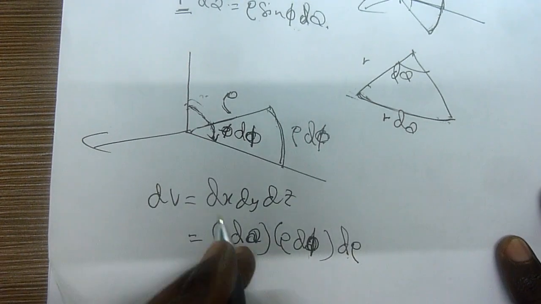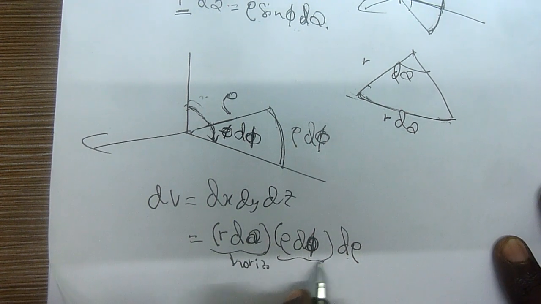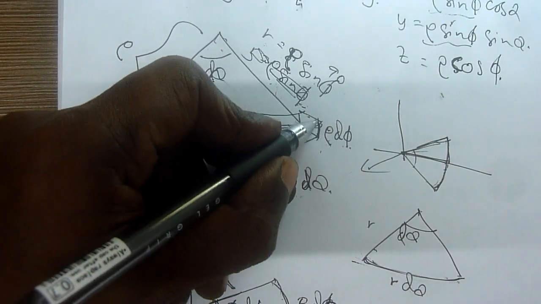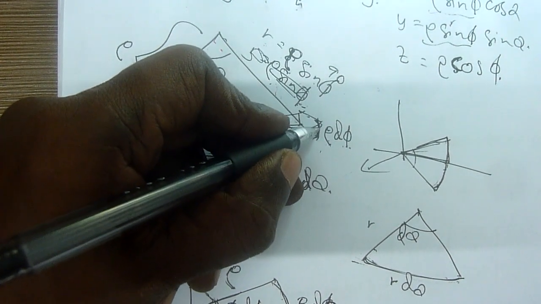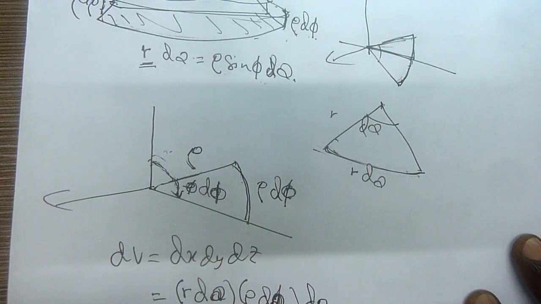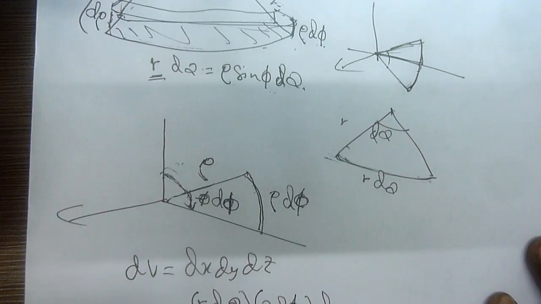This one is a vertical. Sorry, horizontal. This refers to the vertical circle, kind of circular, and this one of course d phi, moving inside and up.